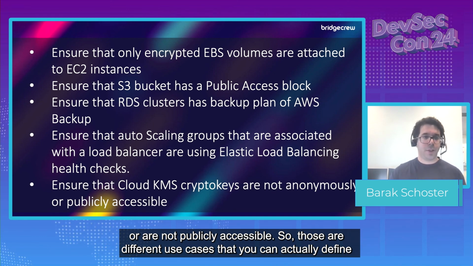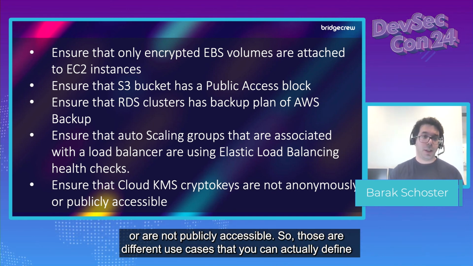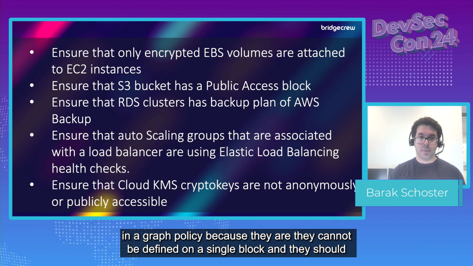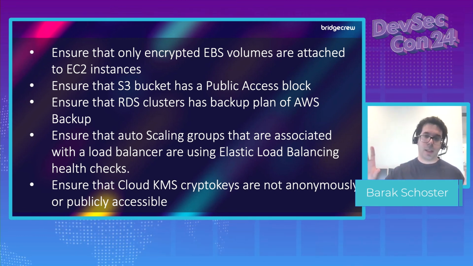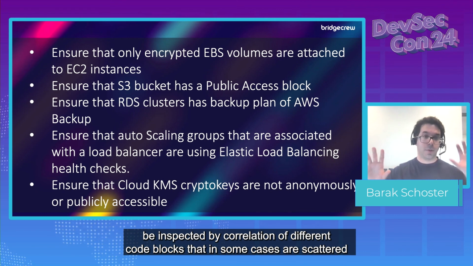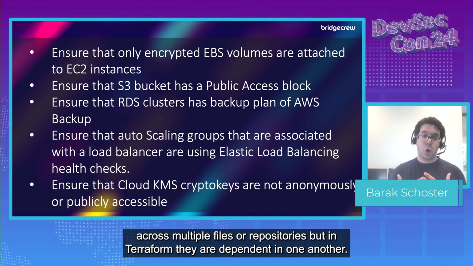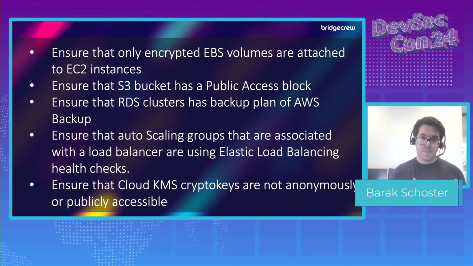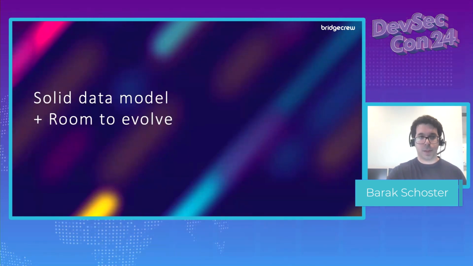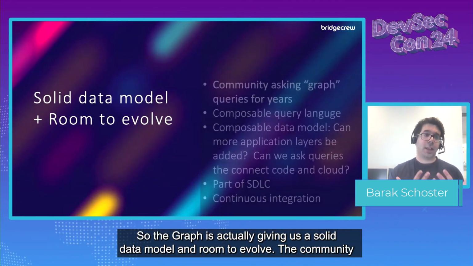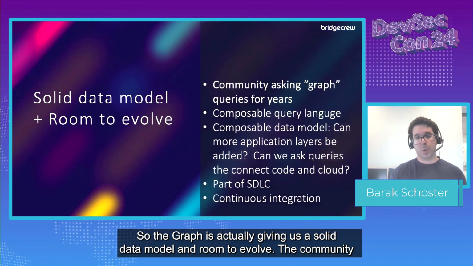So those are different use cases that you can actually define in a graph policy because they cannot be defined on a single block, and they should be inspected by correlation of different code blocks that in some cases are scattered across multiple files or repositories, but in Terraform, they are dependent on one another. So the graph is actually giving us a solid data model and room to evolve.